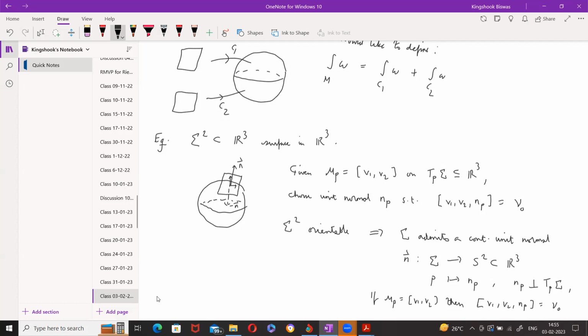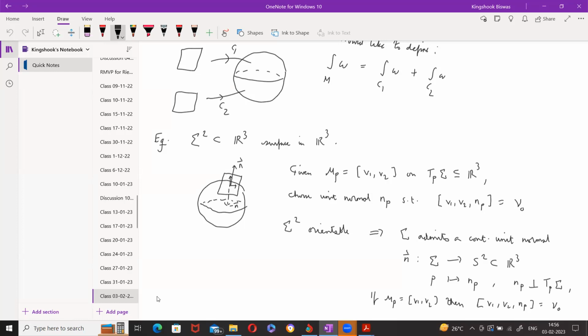Okay. And what one can see is that conversely, if you have a continuous unit normal vector field on sigma, then you get an orientation of sigma by following the same rule: if I take NP, and an ordered basis V1, V2 of TP sigma, then my orientation mu p is given by V1, V2 if the ordered basis V1, V2, NP is equal to the standard orientation on R3.